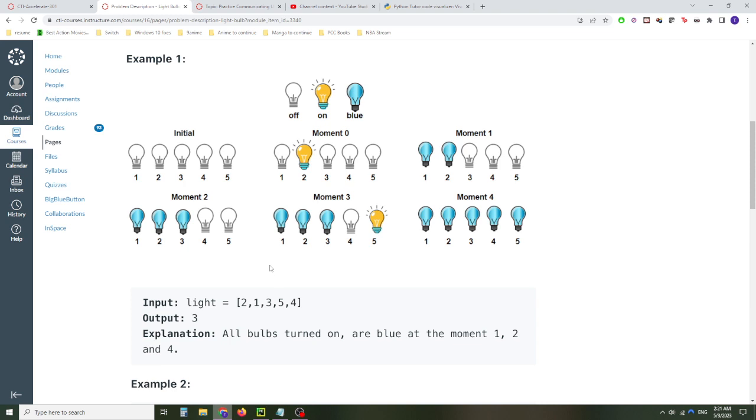So the summation of n equals 4 is 10. 10 does not equal the sum of 11. So I'm just going off by position, position 1, 2, 3, 4, and 5. If the summations are equal, then all the lights were blue. If not, then there was at least one light that was yellow.